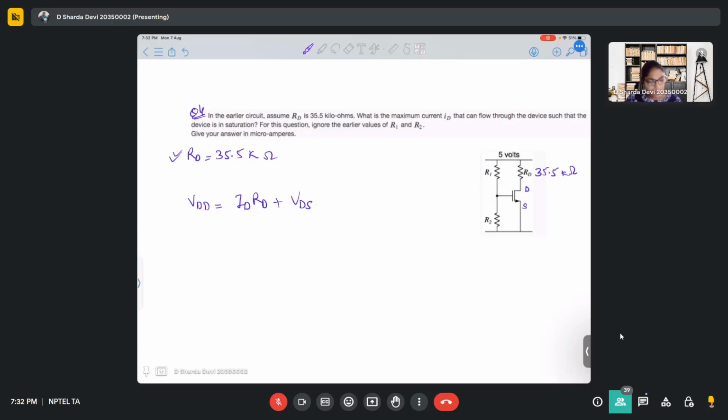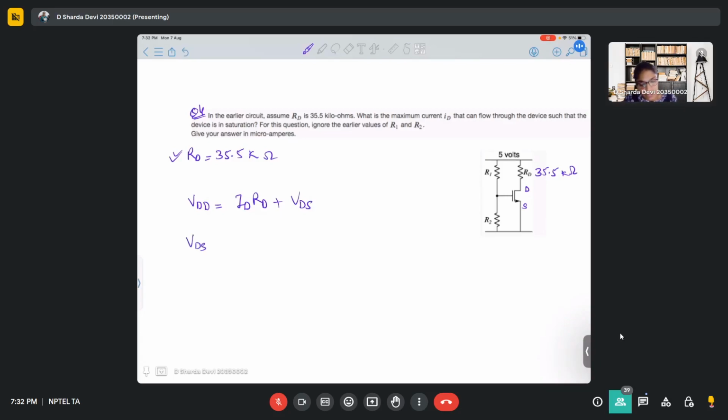Now, to keep the transistor in saturation, what is the condition that it needs to satisfy?